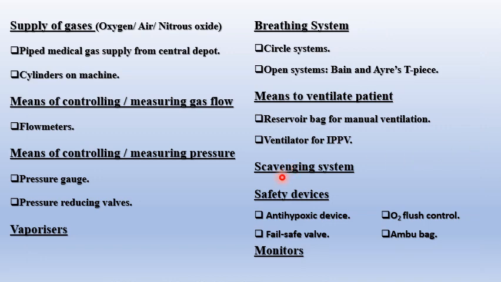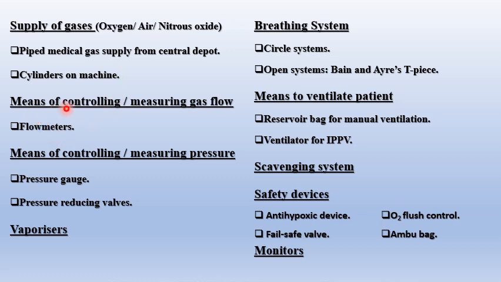We can divide it into supply of gases, means of controlling and measuring gas flow, means of controlling and measuring pressure, vaporizers, breathing system, means to ventilate the patient, scavenging system, safety devices, and monitors. For supply of gases, either oxygen, air, or nitrous oxide, it can be a piped medical gas supply from a central depot or cylinders on the machine, as mounted in the picture on the back of the machine.